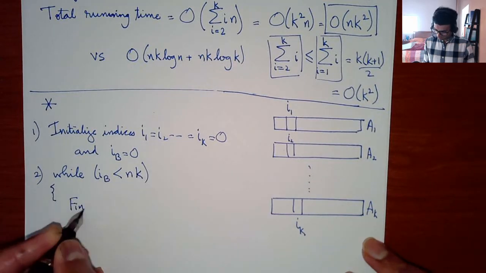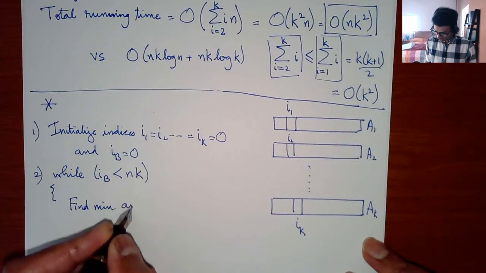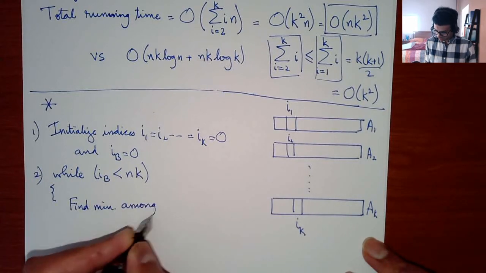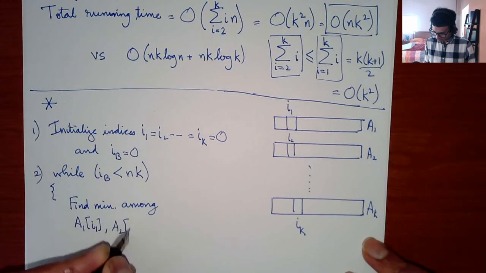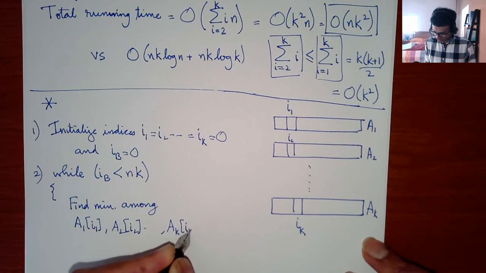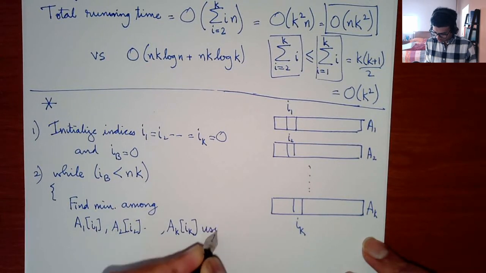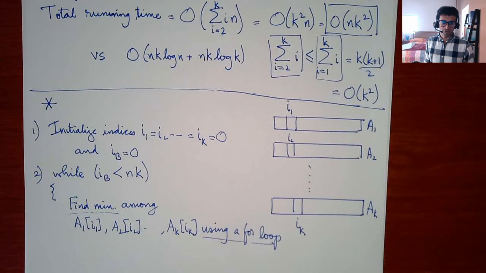So I'll say find the minimum among A1 at i1, A2 at i2, up to Ak at ik using a for loop. This is important because you have to tell me how you're finding the minimum, since finding the minimum among these is not a constant time operation.